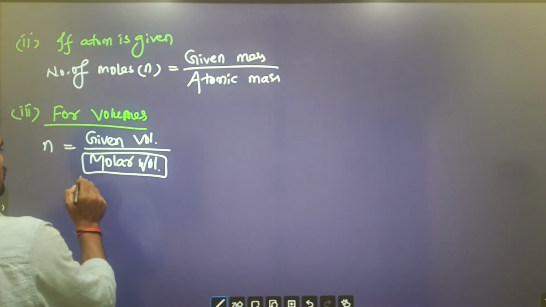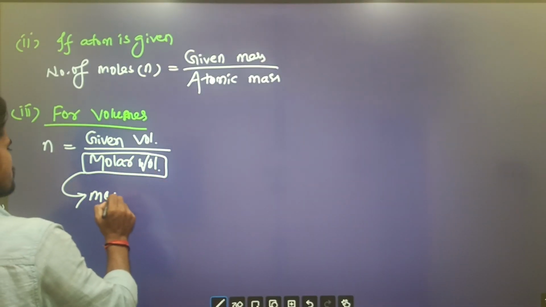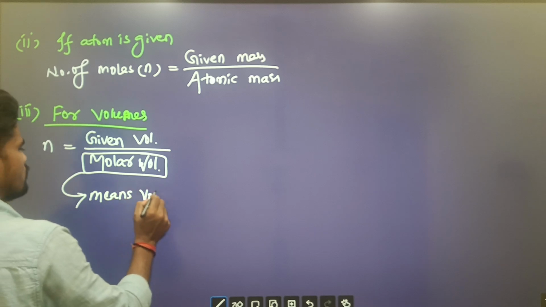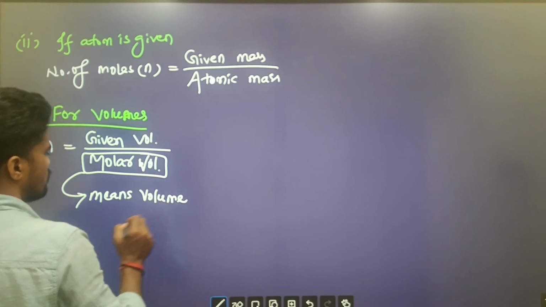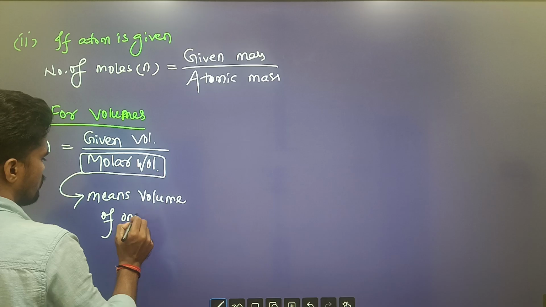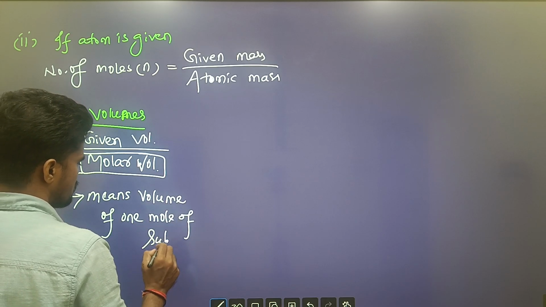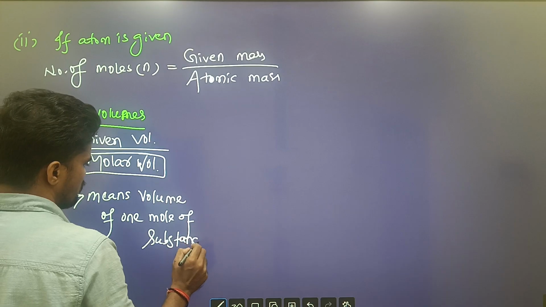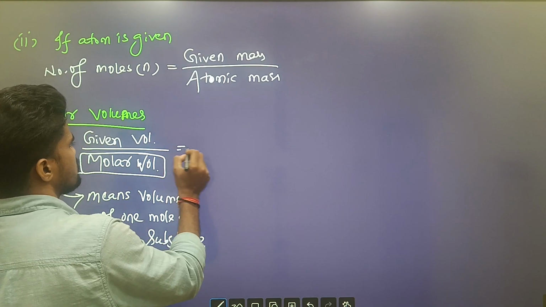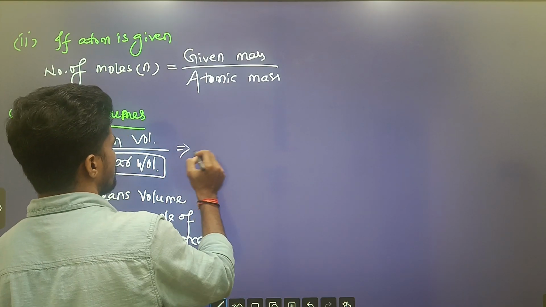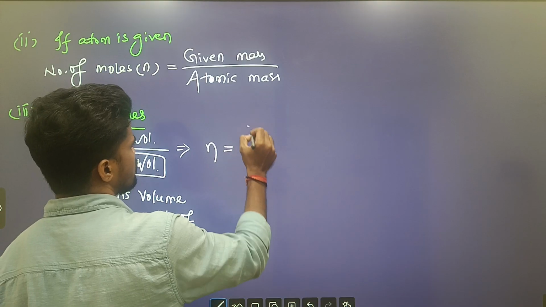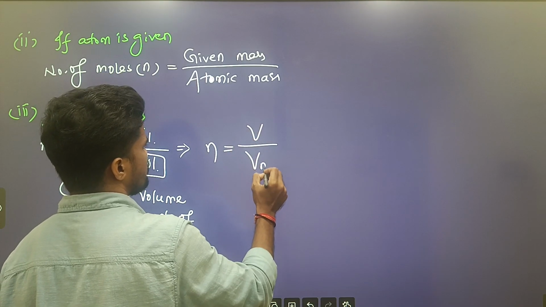Similarly, molar volume means volume of one mole of substance. So symbolically, we can say moles is equal to V upon Vm.